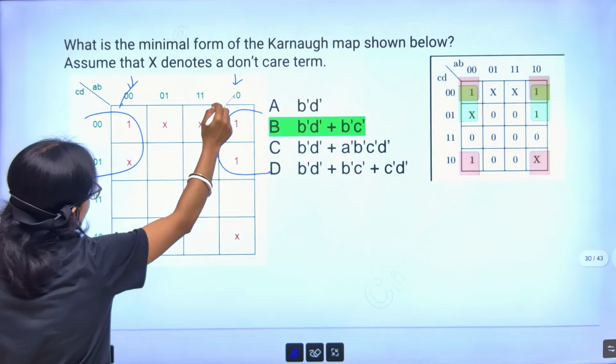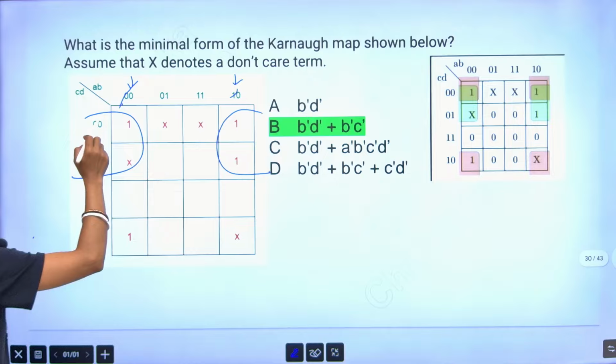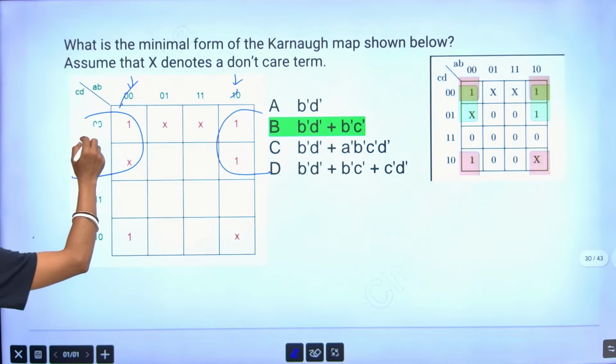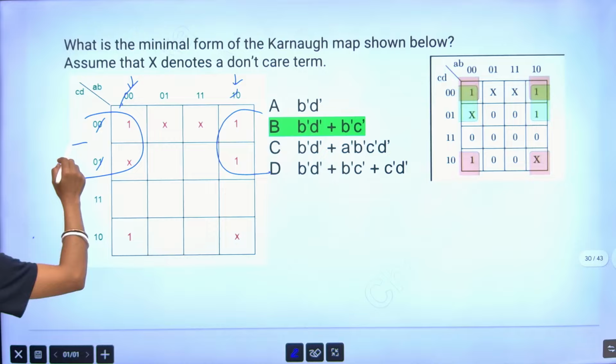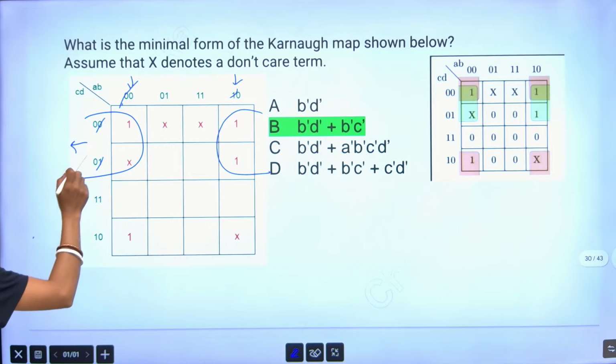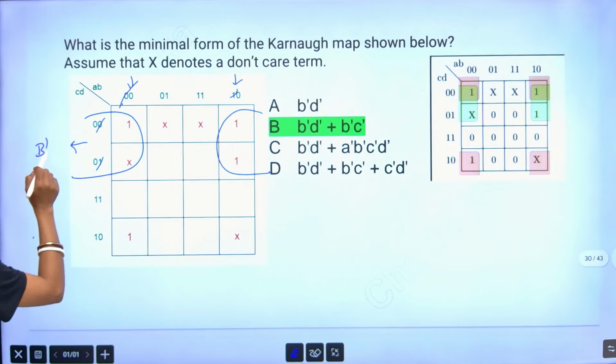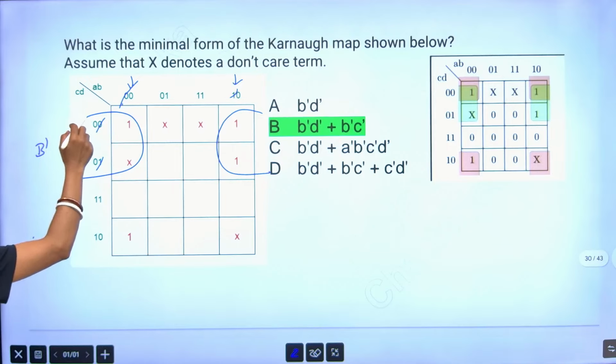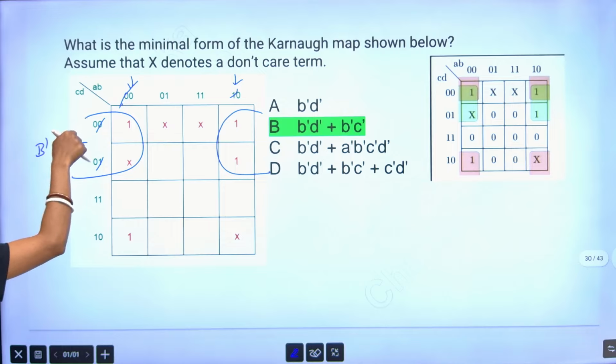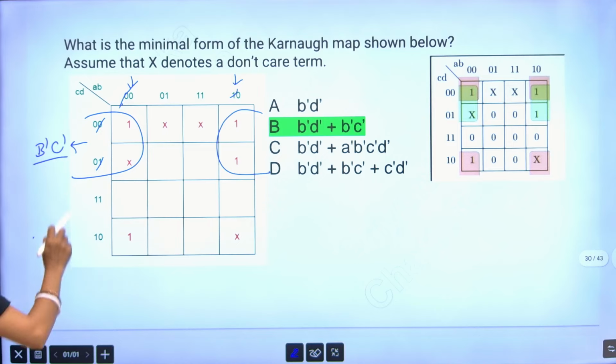Here this 0, this 1 will be cancelled. And here these 2 rows are involved. This 0, this 1 is cancelled. So here you are getting the answer 0, 0 left, which means B bar. And this is CD. There D cancels, which means C bar. You are getting here B bar, C bar.